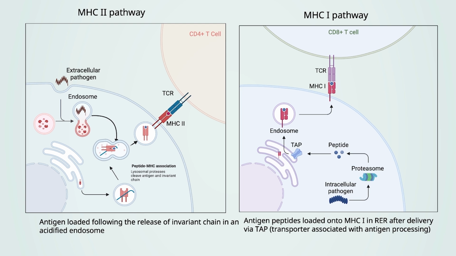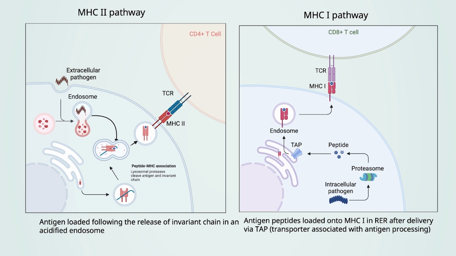All right. Now, talking about the exam, there are numerous ways to ask questions from these two pathways. All right. Let's look at the MHC1 pathway first. The examiners will ask you questions like, there's a defect in the TAP protein inside a cell.